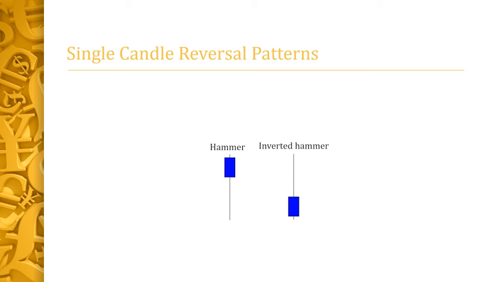The color of the real body is not important, and it has a long upper shadow that should be at least twice the size of the real body, as you see in this inverted hammer. And the third rule, it should have no or a very short lower shadow. This one here, as you see, the lower wick is not very big.